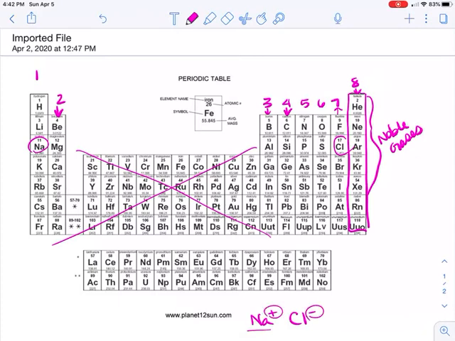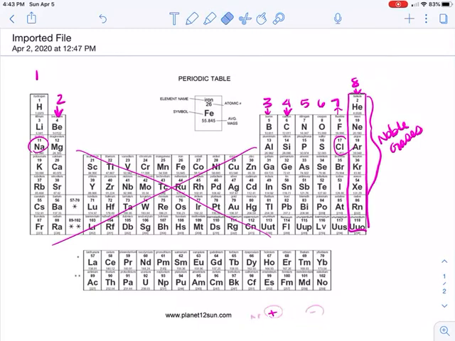Now if you have a positive and a negative, think about magnets. If you have a positive side and a negative side, what happens? Well, they attract. It's an attraction. So that's what's happening in this ionic bond situation.